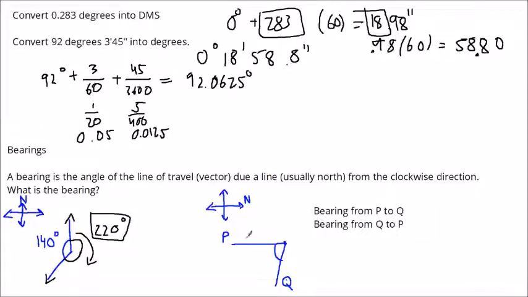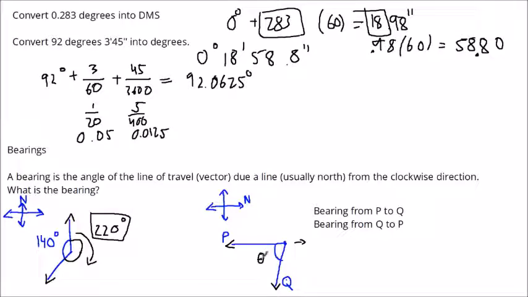How about this? Bearing from P to Q. It doesn't matter where north is. Even if north is right here, it doesn't matter, because we want the bearing from P to Q. We don't want the bearing from north to Q and north to P. I didn't even put an angle, so let's put theta.